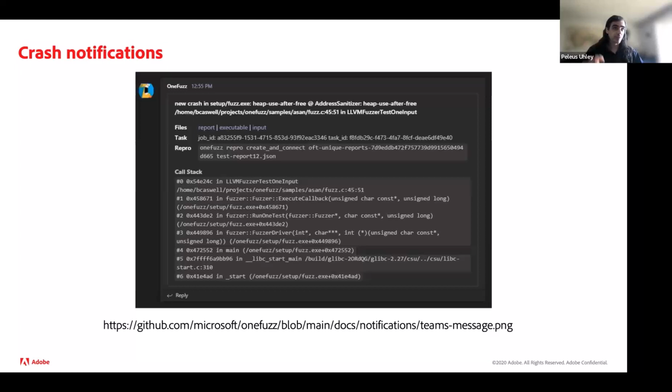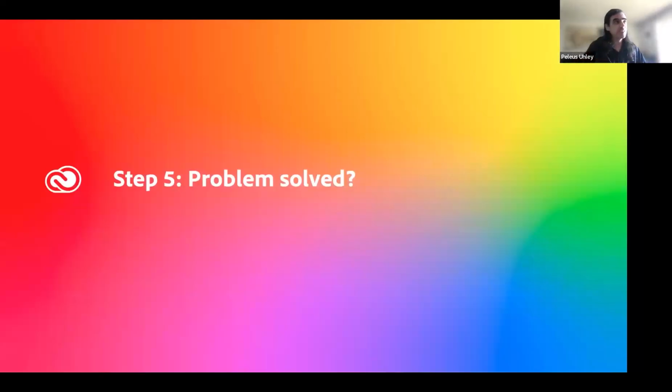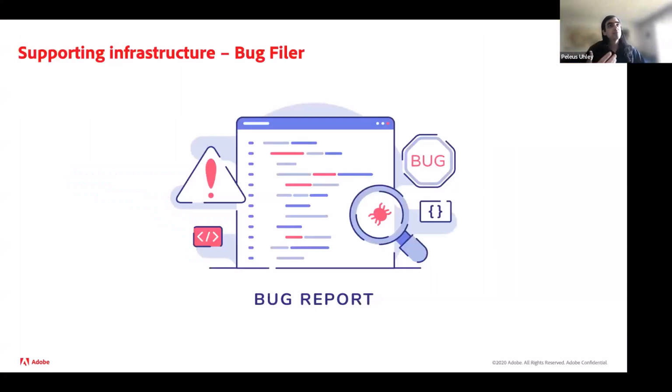So this is great, right? Problem solved. You've got fuzzing running in the cloud, you've got libfuzzer doing your unit tests. OneFuzz is doing everything by magic. The world's safe. Well, not necessarily, because like I said, these tools tend to require some supporting infrastructure.